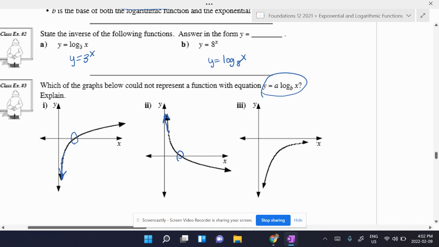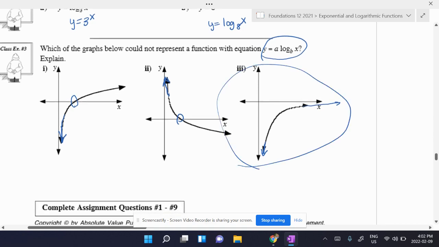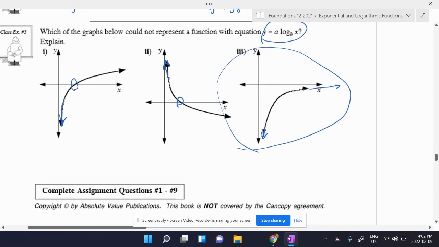This one seems to be getting closer to the x but not crossing. And so we should see this as a problem. We're going to assume that it's not crossing the x-axis.